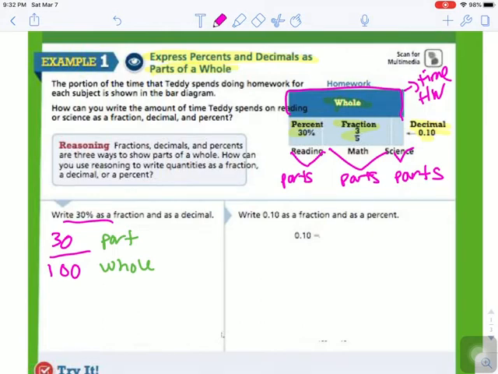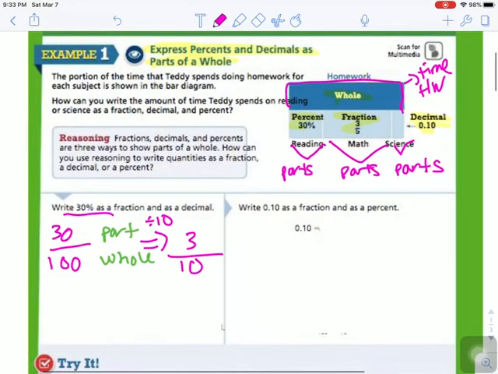And then we can also go ahead and simplify that. We can go ahead and divide by 10. So 30 divided by 10 is 3, and then 100 divided by 10 is 10. So 3 over 10 would be my simplified fraction there for 30%.